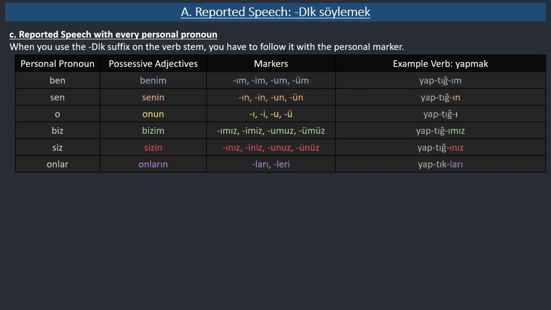But explaining this every time makes the lesson too extended. So for now, I will stay focused on the actual suffix, the dık suffix, and how it's used with the pronouns.